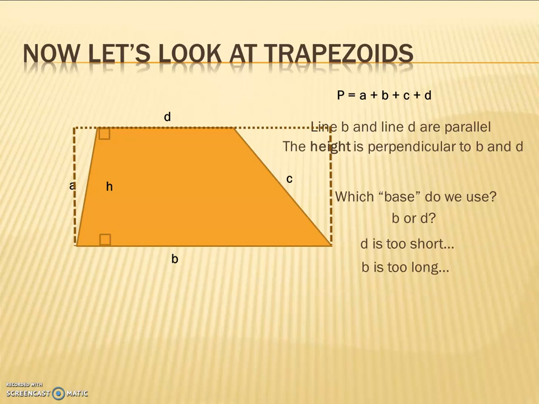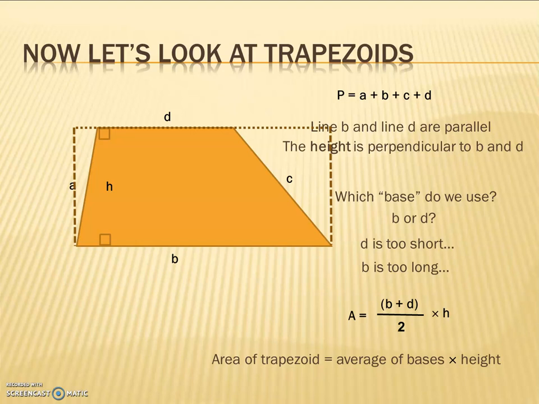So the way we compromise and the actual calculation is to take the average of the two bases, B and D. So you remember how to take an average. You add the two numbers and you divide by 2. So we take the average of the bases, and the area is going to be the average of the bases times the height. So B plus D divided by 2.